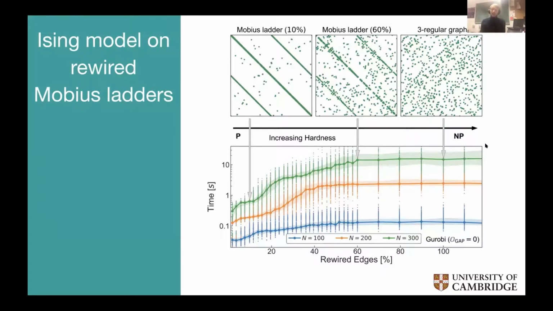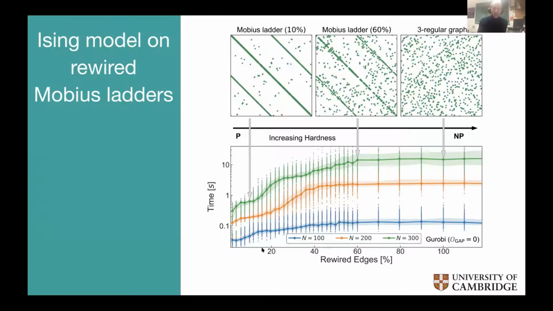And here we decided to consider the exact commercial solver, which is Gurobi. And we've studied how the time to solve the problems exactly changes over the percentage of the rewired edges. So here on the left, you can see we start with the Mobius ladders, which you can solve in some milliseconds, sometimes in just a bit over the 100 millisecond scale.